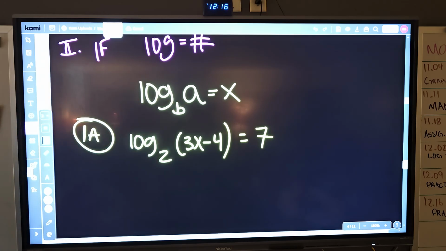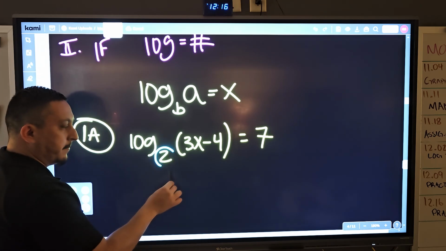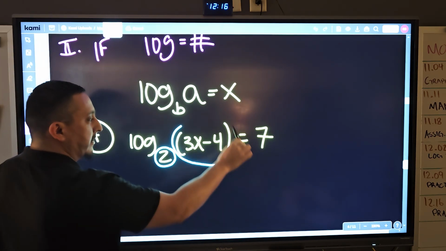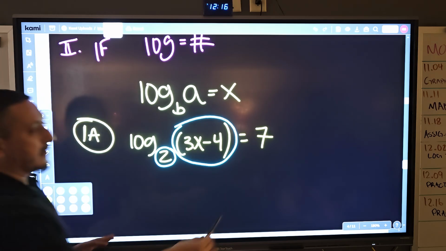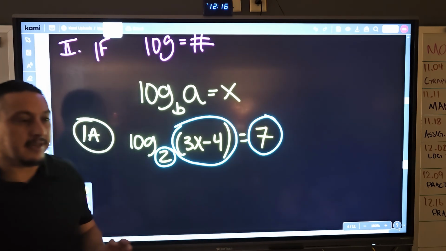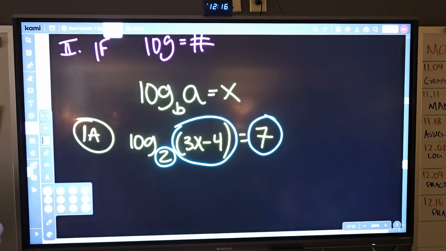If you struggle to see that, just practice. This is the B. Whatever's inside the parentheses, that's the A. It doesn't matter how much stuff is inside the parentheses. If it's inside the parentheses, it's the A. And the thing after the equal sign is your X. So the answer to that question, yes, it is in that form.